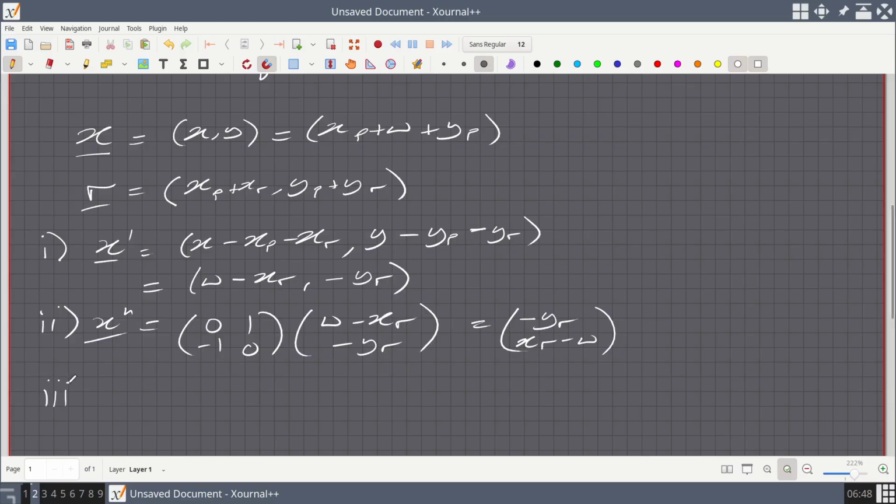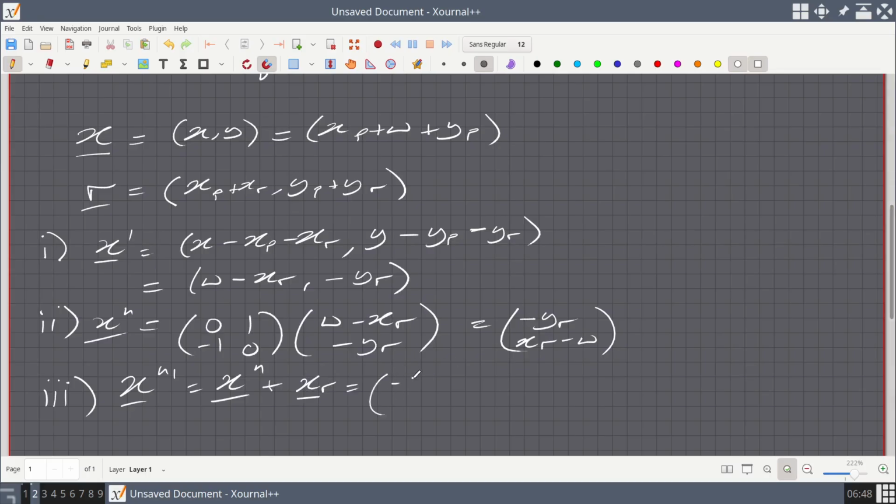And then we translate back, so we get back to x triple prime, which will be equal to x double prime, and where this one was minus those values, it'll be plus the position of xr. Sorry, I'm mixing my notation.